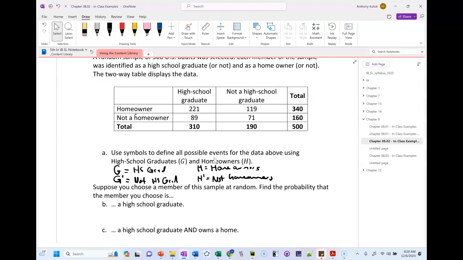Well, how many high school graduates are there? Okay, I agree. How many total people are there? Great. So the probability should be?